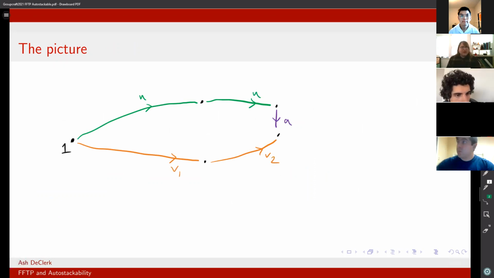And what we do is, instead of taking this a edge, we go backwards along u2. We cross a bridge over here. And the length of this bridge we know is less than or equal to 2k because u and v are going to 2k fellow travel. And then we go forward along v2.